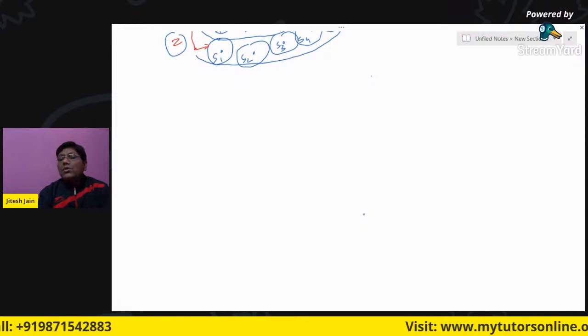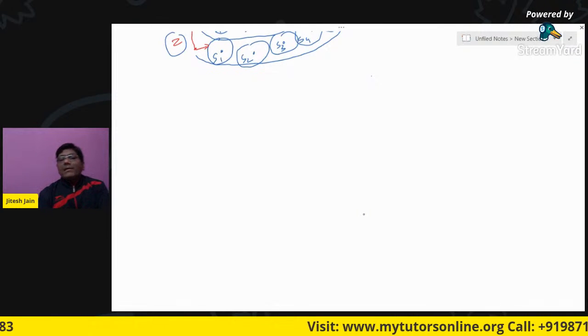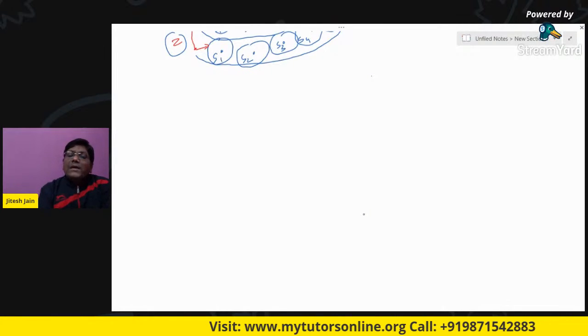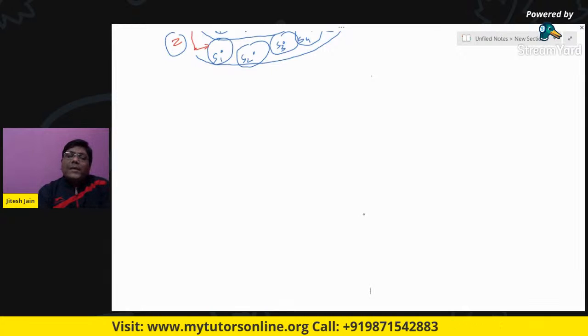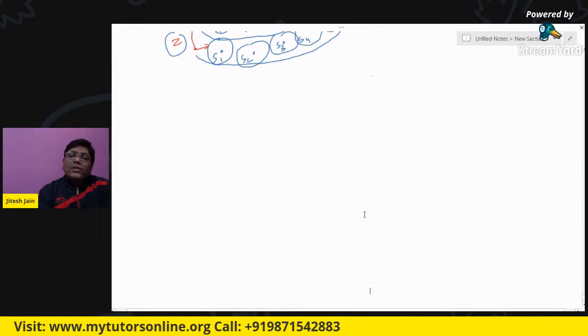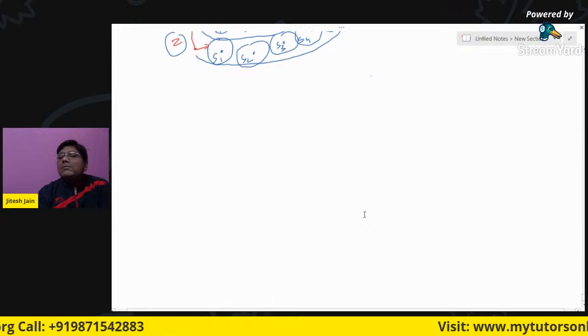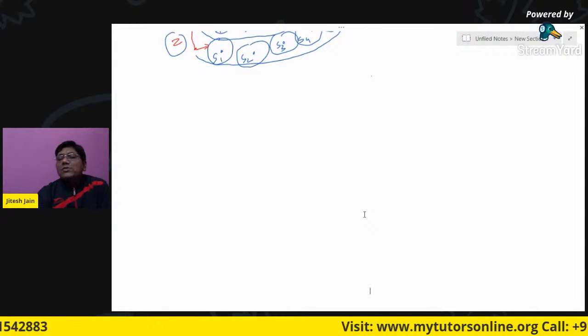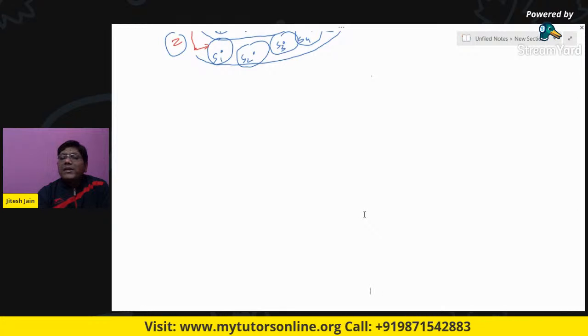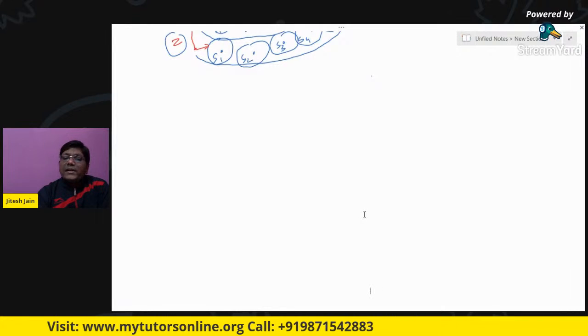Okay, so I'm going to draw the diagram in today's class, how it takes place, and then we are going to prove the laws of refraction using the Huygens wave theory. Even you can prove the laws of reflection also. That means all the laws of ray optics can be validated using the Huygens wave theory.